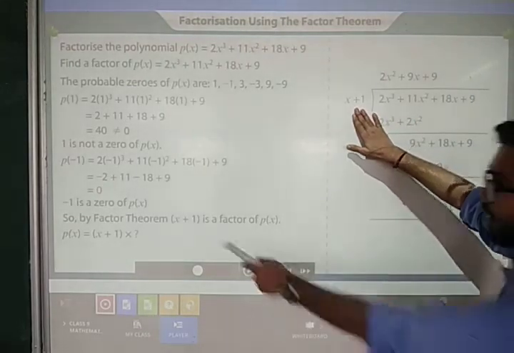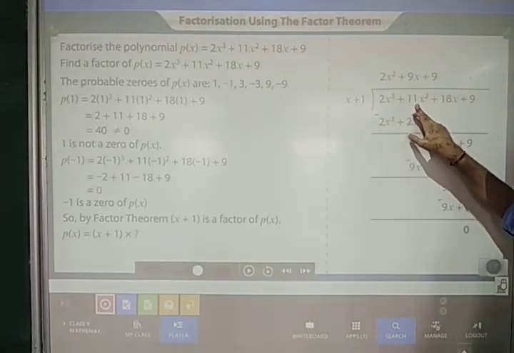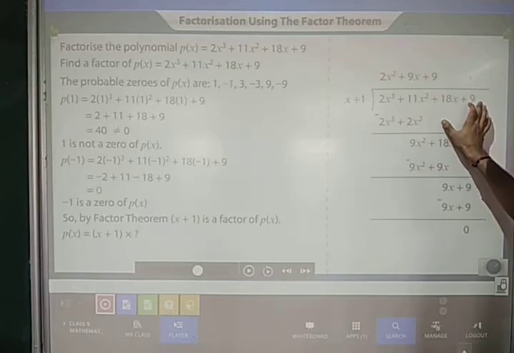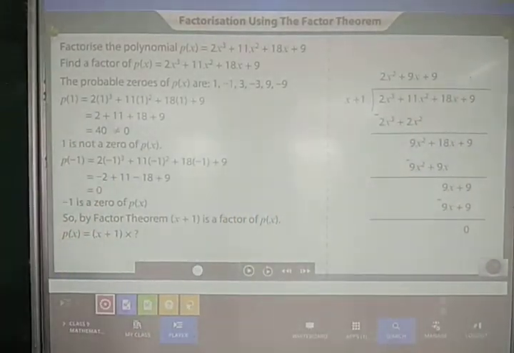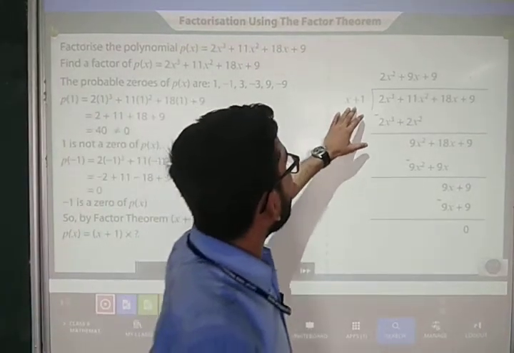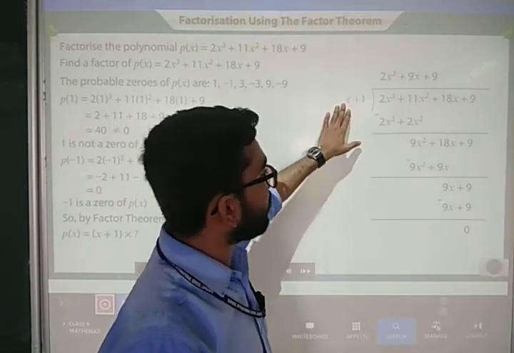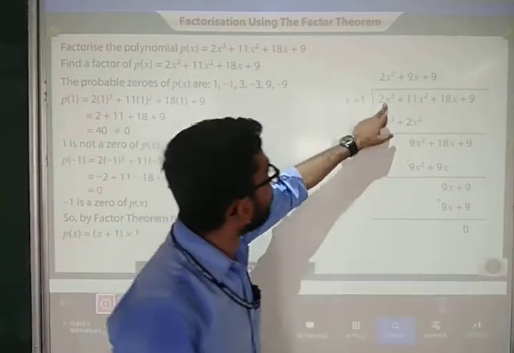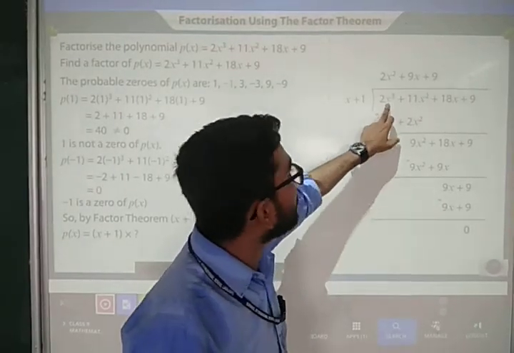This is x plus 1, the first factor, and this is the cubic polynomial 2x cube plus 11x square plus 18x plus 9. So how will you divide? We take the first term from the divisor and the first term from the dividend.